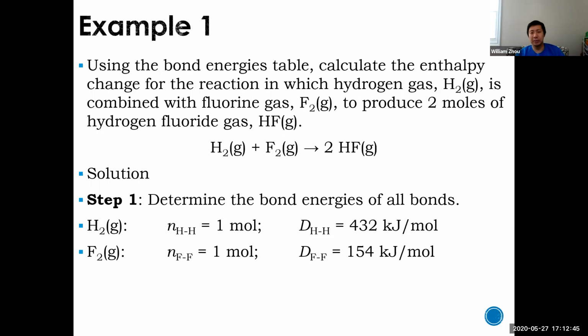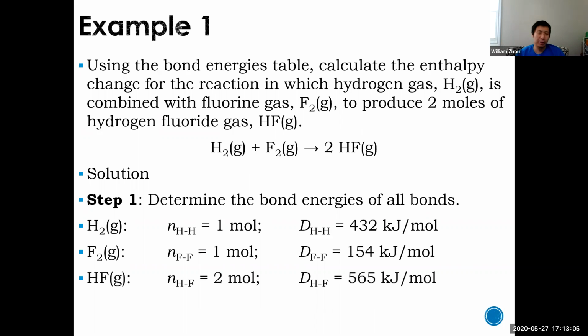What about the product? The product has just one compound, HF. So you need to look at HF on the table. How many HFs do I have? According to the balanced equation, I have 2 moles of HF for 1 mole of hydrogen and 1 mole of fluorine. So the answer is 2. Each HF has one H-F bond, but there are 2 of them, so 2 moles.